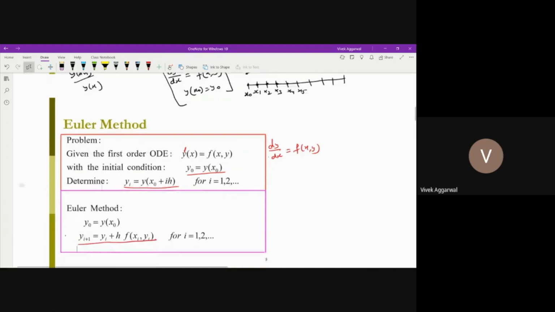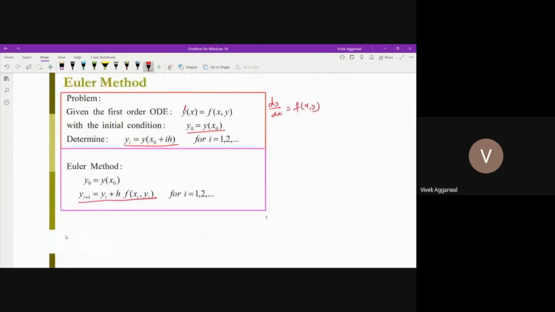If you remember, this is a differential operator, and I can write its first order forward operator.